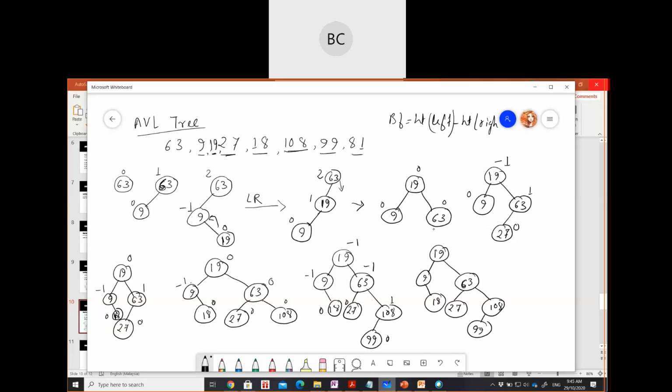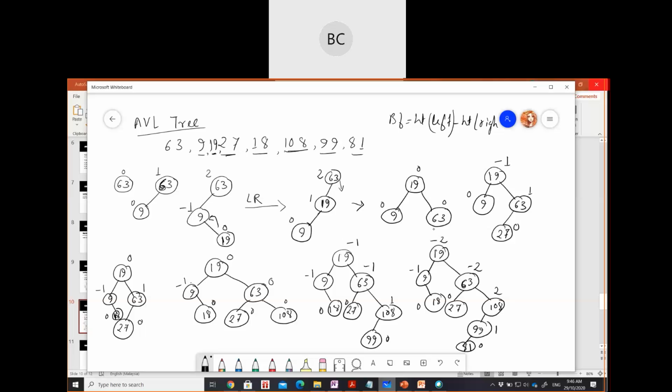Left of 99. Good. 81. Okay. Now you check the balance again for 19. 2 minus 1, 2, 3, 4 is minus 2. For this one remains same. For 63, 1 minus 1, 2, 3 minus 2 is 0. For 108, it's again 2 minus 0, it's 2. For here 1 and 0.